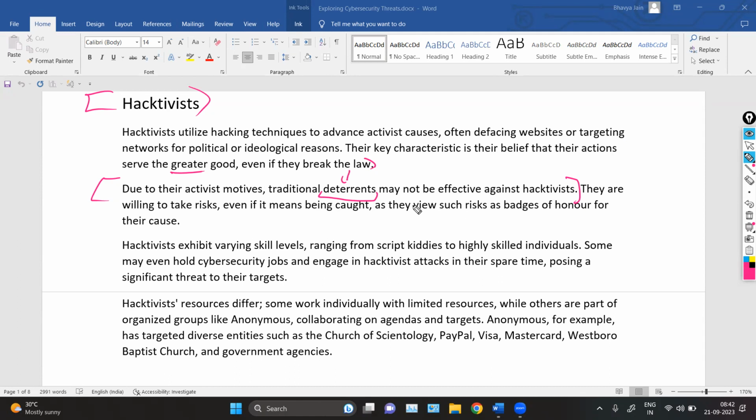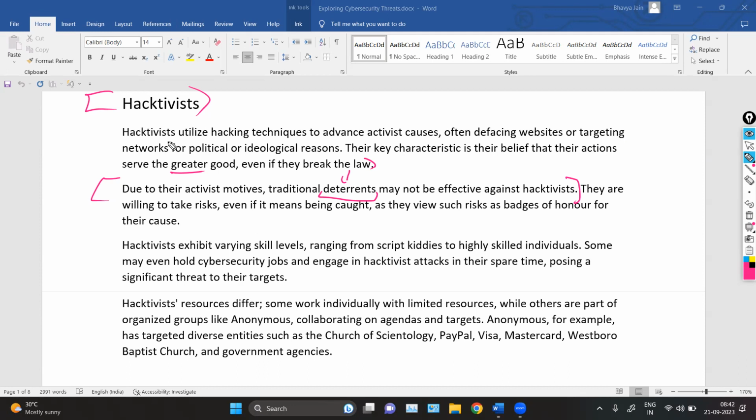We cannot use any deterrent technique to stop activists from attacking a company, because they have a different mindset. We can follow prevention methods, but not deterrent techniques. Deterrence is about convincing the hacker not to hack the company, but we cannot convince an activist not to hack or break the law.